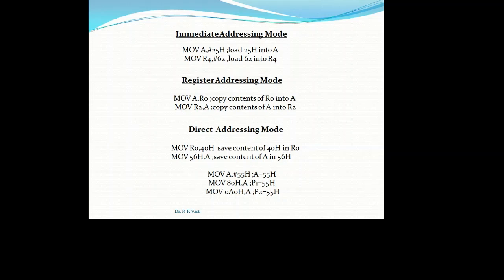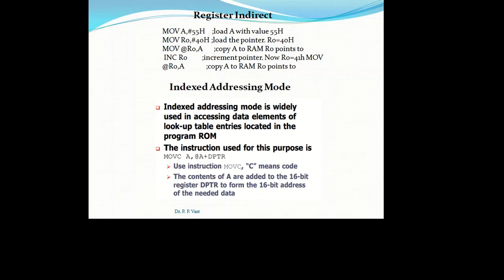So this is about the immediate, register and direct addressing modes. Now we'll move on to the next addressing mode, that is register indirect. Register indirect means a register is involved, but here we are not copying the register data into the accumulator or from the accumulator to the register.